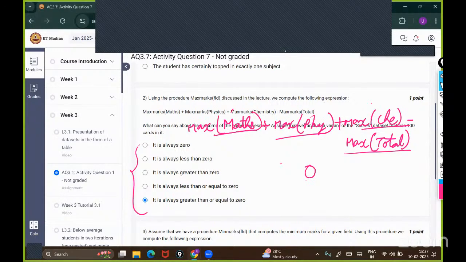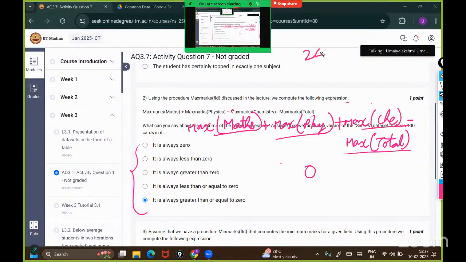Okay. Let's say a person has scored the maximum mark in maths only, that is, 98. He holds the highest mark, which means the total is also the maximum, because he has scored 98, then 90, and then 95, which means 283 is the maximum total of all.